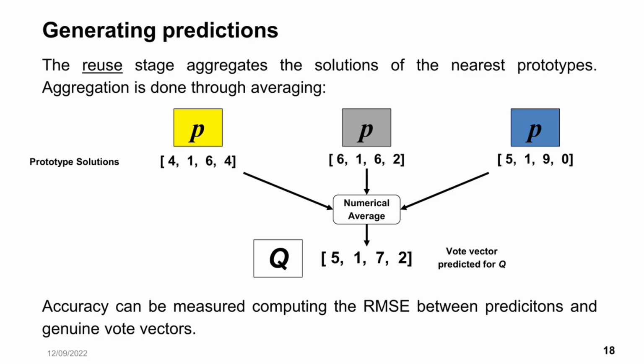Knowing how many votes would have been cast for an image provides the user with the possibility of selecting as many techniques as he or she wants to explain this query image. In our example, both the first and third techniques present a relevant number of votes, so they should work well in that task. Also, the accuracy of this process can be measured by computing the root mean squared error, RMSE, between predictions and real vote vectors.